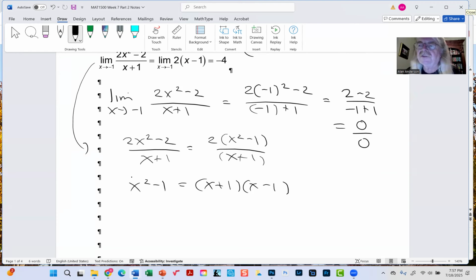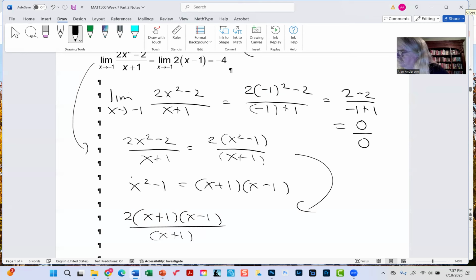If not, you can use long division, and you'll see that x plus 1 is actually a factor of x squared plus 1. So that means this can be rewritten as two times x minus 1.